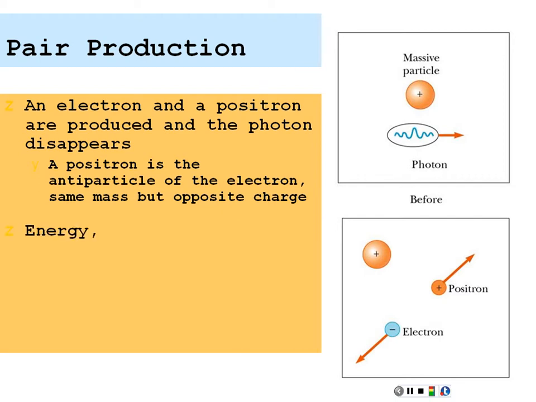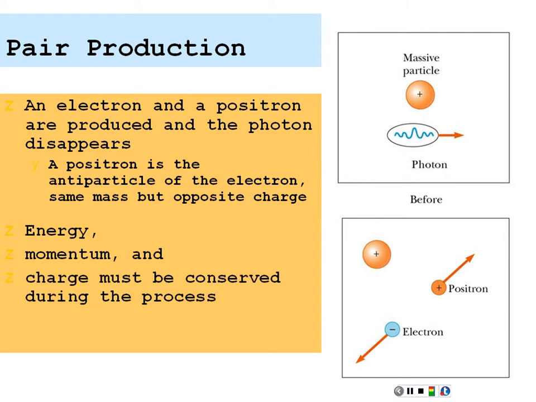In other words, momentum and energy must be conserved. The photon energy must go into the mass and energy of the electron-positron pair, but momentum must be conserved as well. So we must have some other atom nearby to help absorb the recoil.